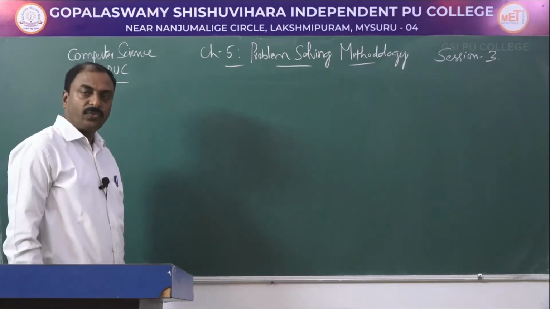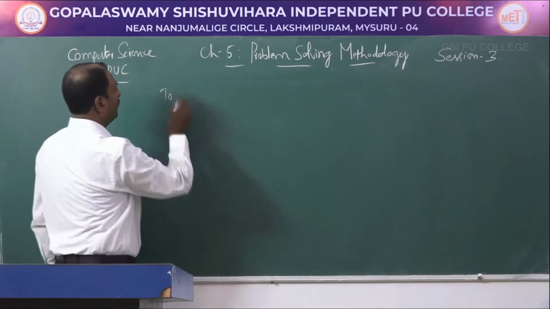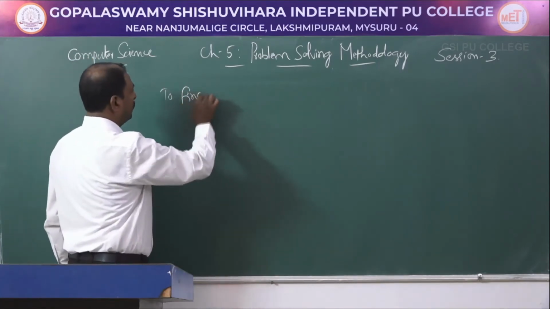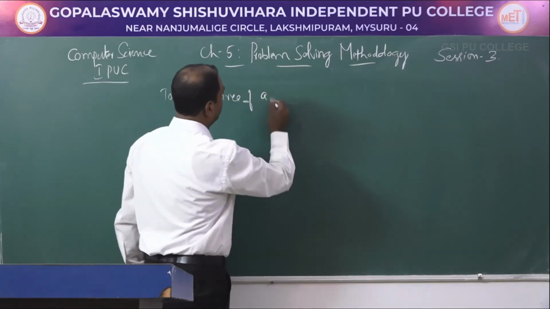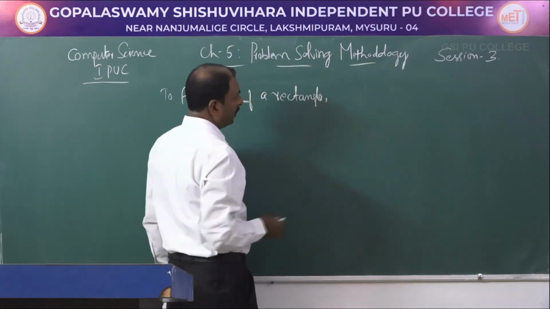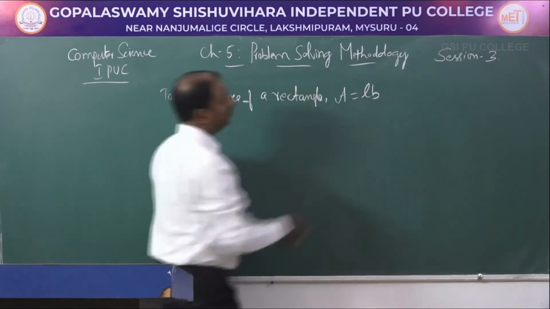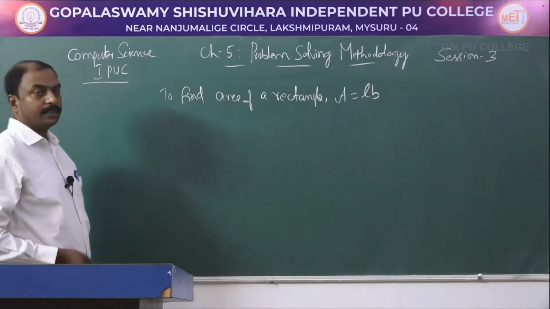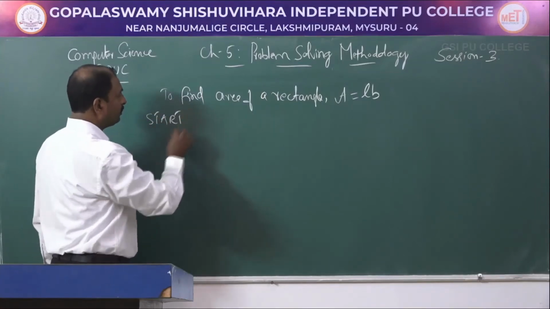Next one is to find area of a rectangle. Formula is A is equal to L into B, area, length and breadth. Here start algorithm.